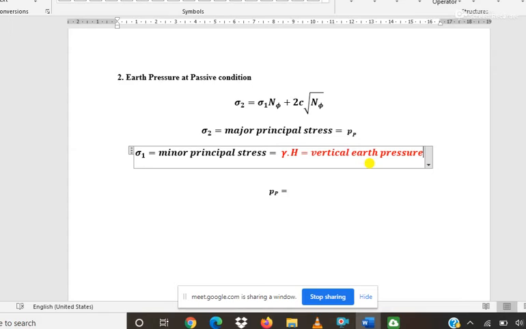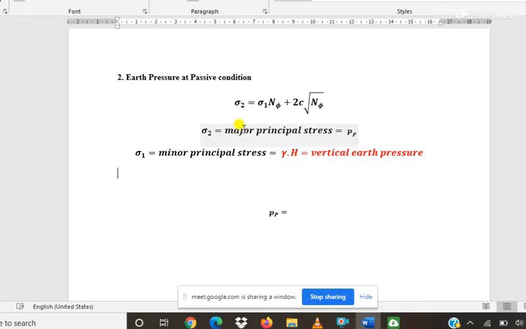Now, putting these values of major principal stress and minor principal stress, we may have the modified equation.